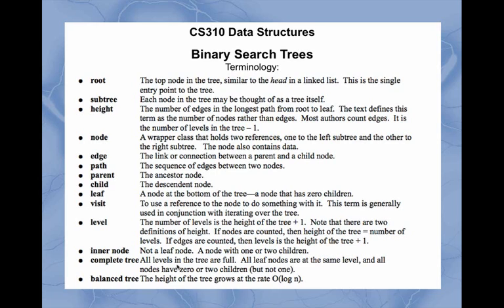Binary search trees in and of themselves are not suitable for production code, in the same way that linked lists are not suitable for production code. It's because they're too slow. Searching a linked list is very slow. Searching a binary search tree can be slow. It has terrible worst case behavior, which we will discuss later.